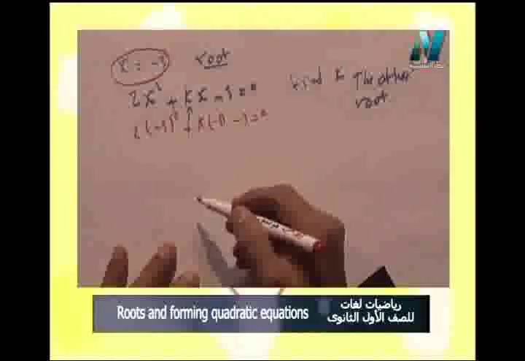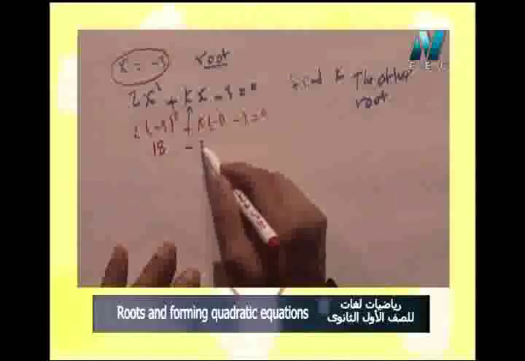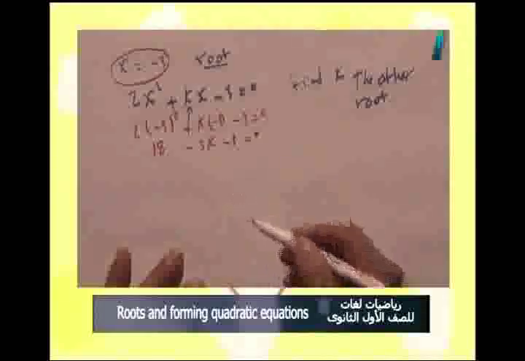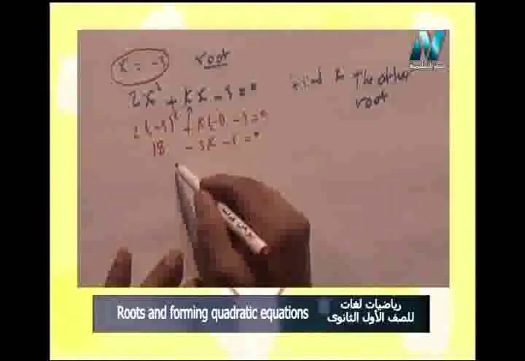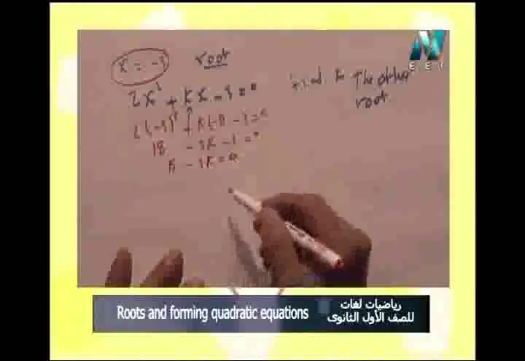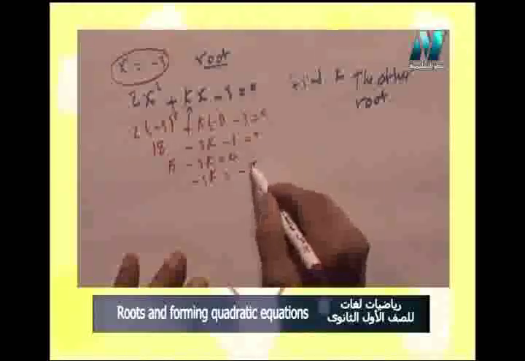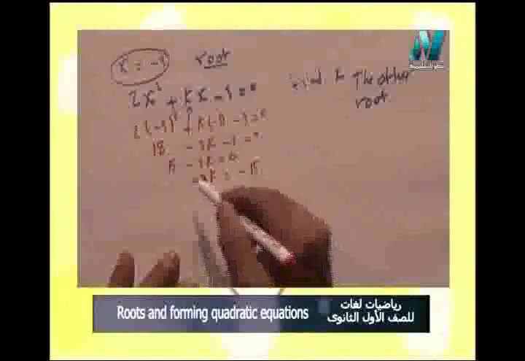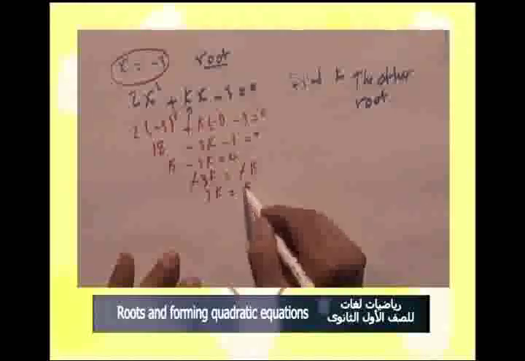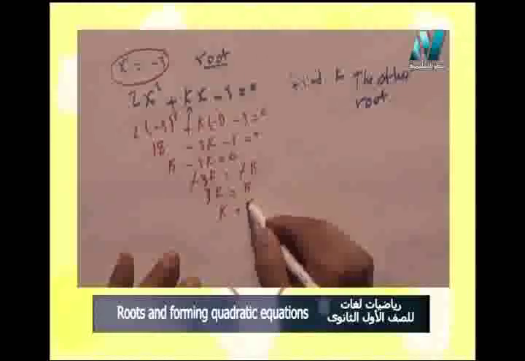To solve this equation, we have 18 minus 3k minus 3 equals 0, so 15 minus 3k equals 0, and negative 3k equals negative 15. Cancelling the negatives, 3k equals 15, so k equals 15 divided by 3, which is 5.